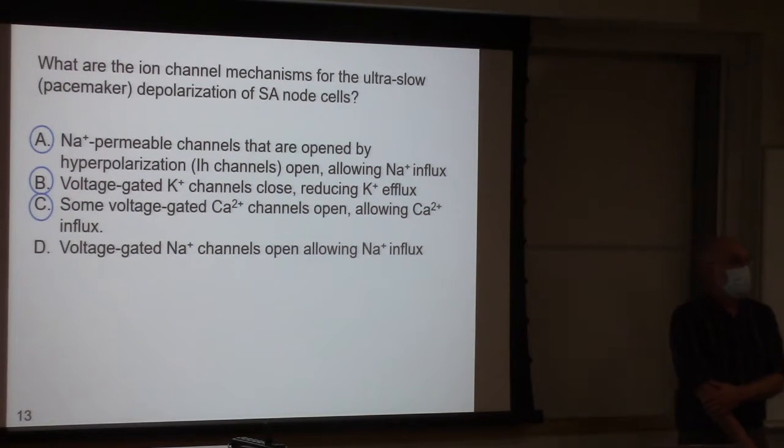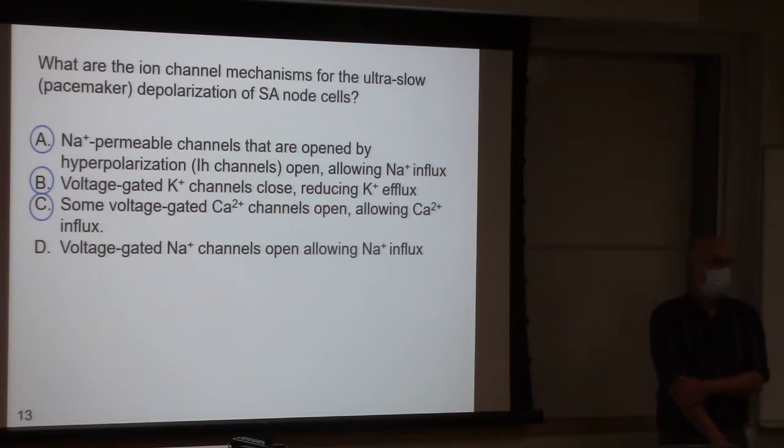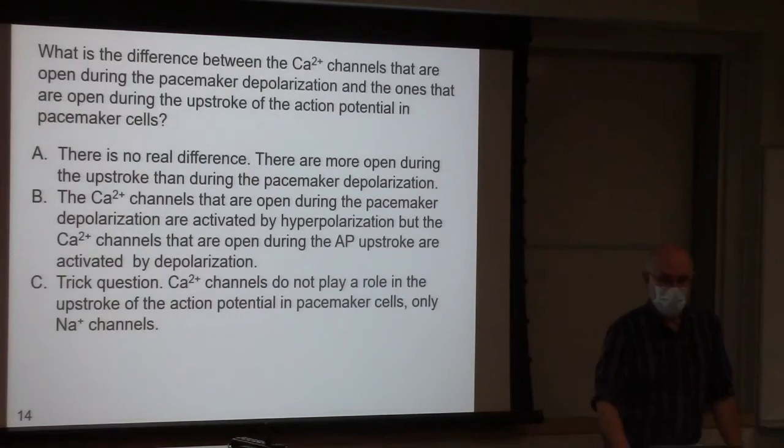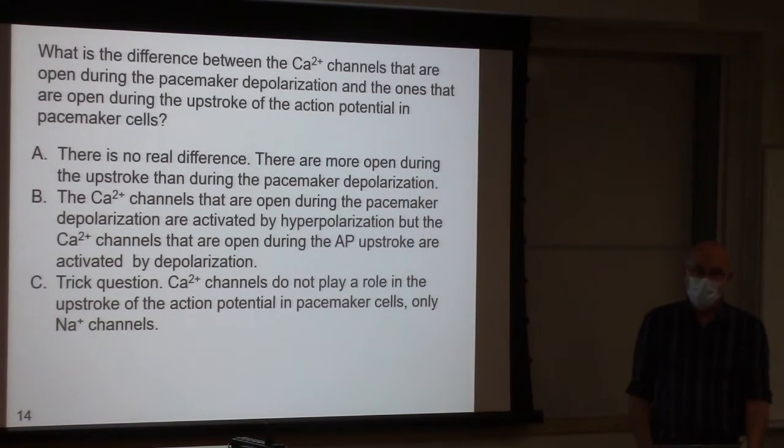So these were my answers to the first one. Difference between calcium channels that are open during pacemaker depolarizations and the ones that are open during upstroke in pacemaker cells. So what is this getting at?